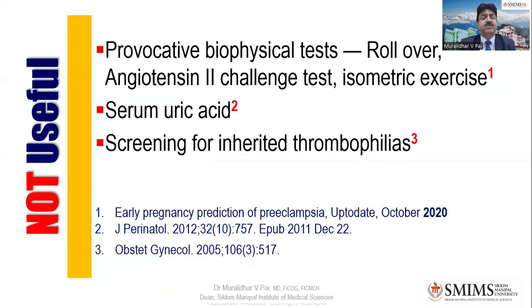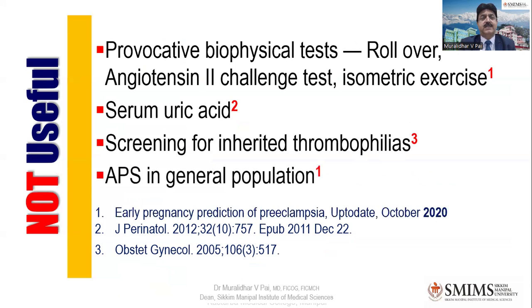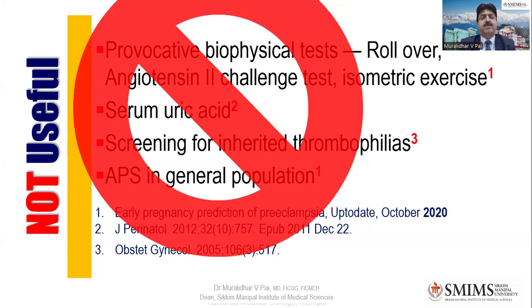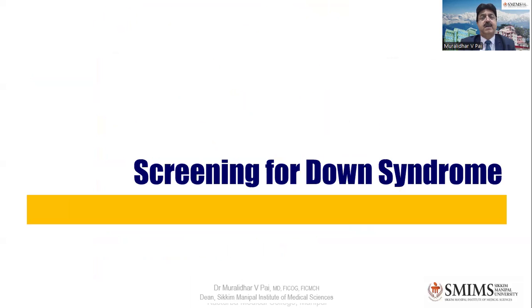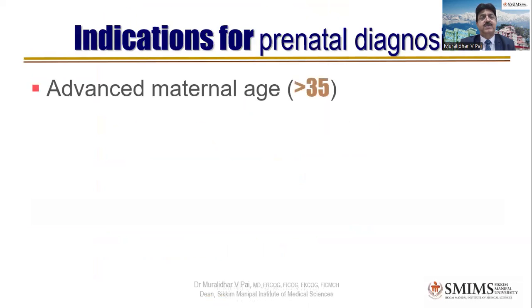Screening for inherited thrombophilias is only in research settings. I said the same thing for RPL also. APS testing in the general population is not required. Only in a high risk population it is required. Screening for Down syndrome, we all know this very well. Advanced age itself will give us a clue.